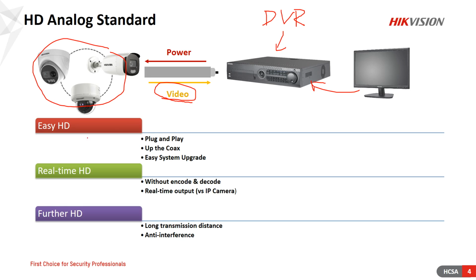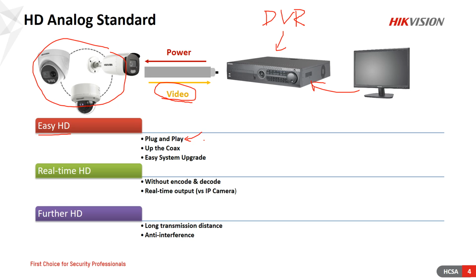The first one, it is very easy to use because it is plug and play. Plug and play means if you plug the camera into the DVR, then the camera is going to work normally. You plug in, then it's going to play the videos.